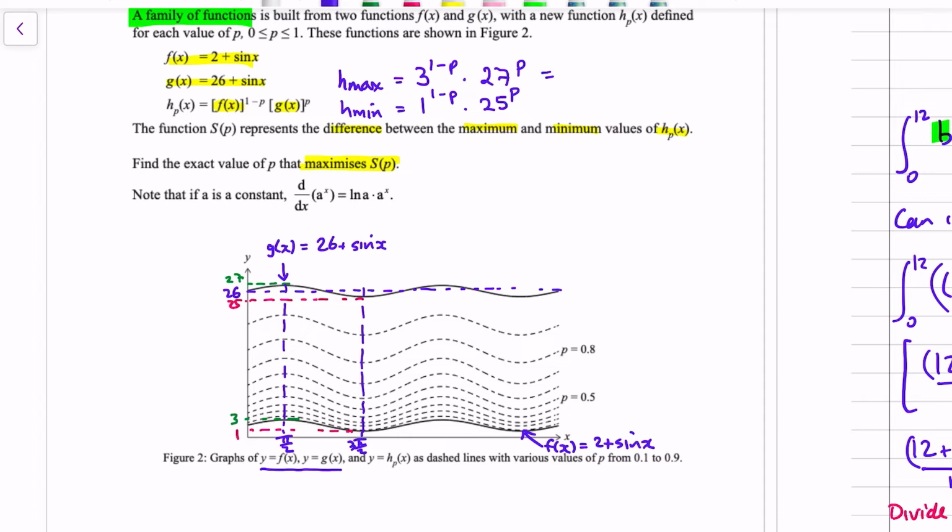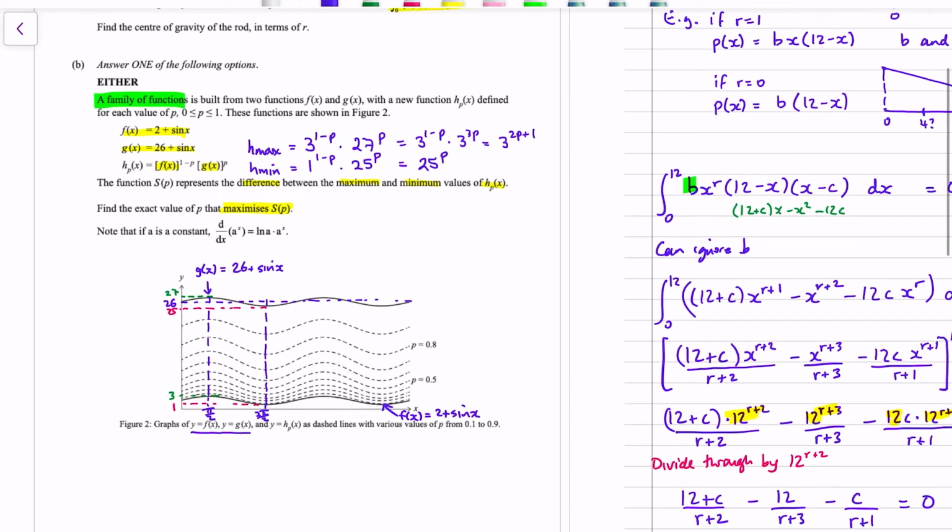The h max one is 27 is 3 cubed, so we get 3 to the 1 minus p times 3 to the 3p, which is 3 to the 2p plus 1. And the bottom function, 1 to the power of 1 minus p, is just 1, so we get 25 to the p. So h max, 3 to the power of 2p plus 1.